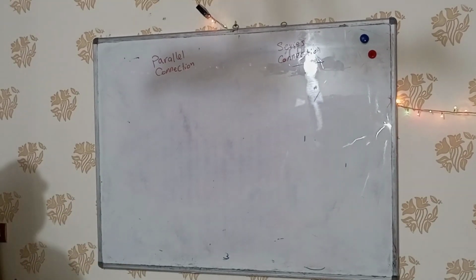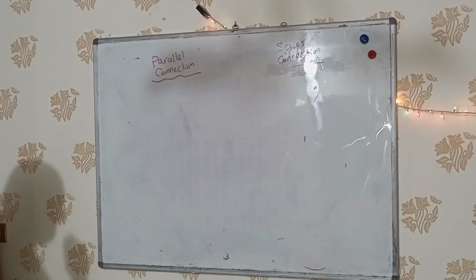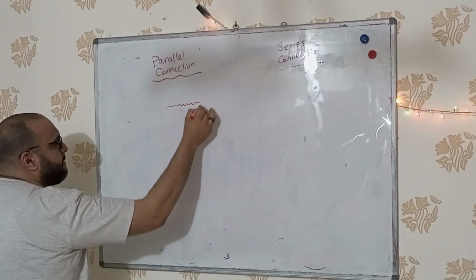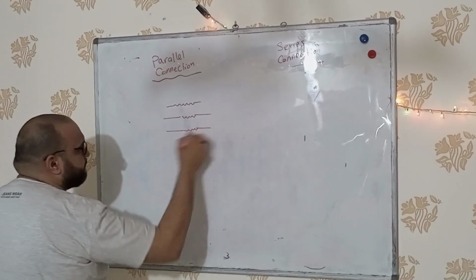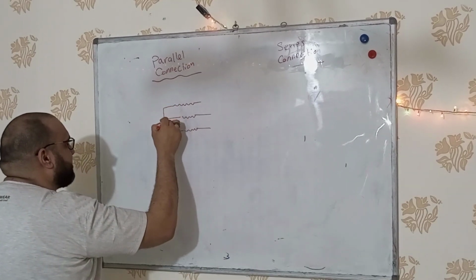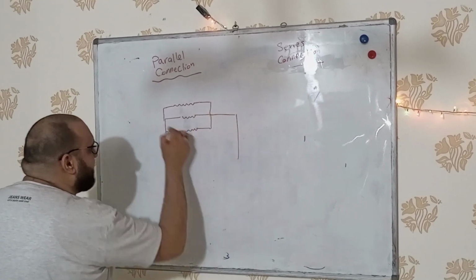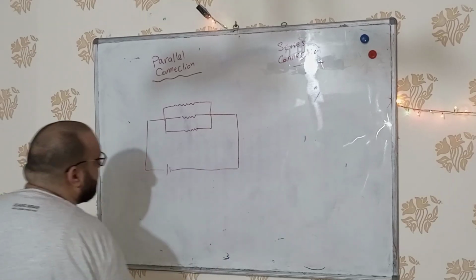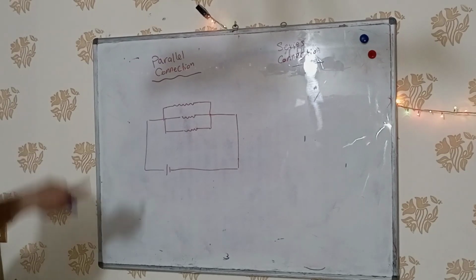Let's see that. First, I'm going to talk about resistors. Here is a resistor, another one, and a third one. If I connect all of the terminals of the resistors together, then insert them in a circuit, this method of connection is called parallel connection.